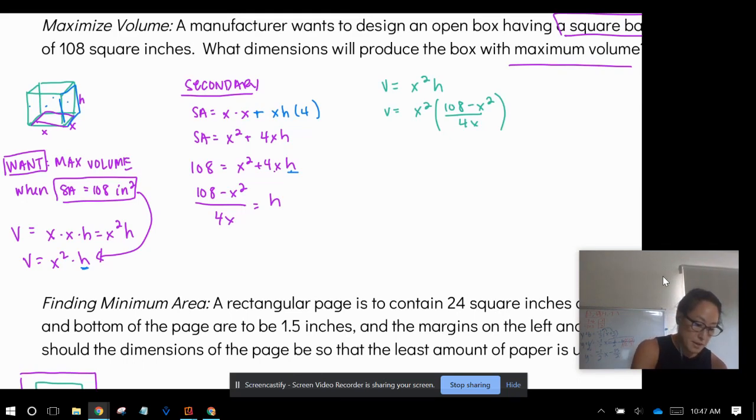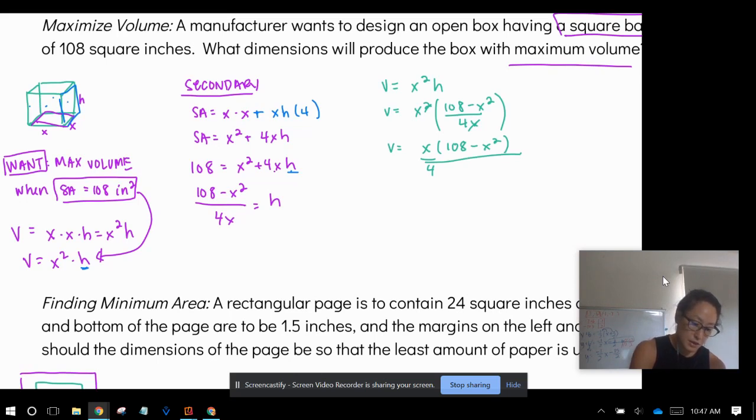I'll simplify, and my x's cancel. So I get x times 108 minus x squared, all over 4.